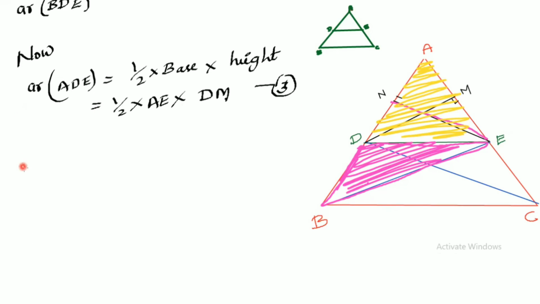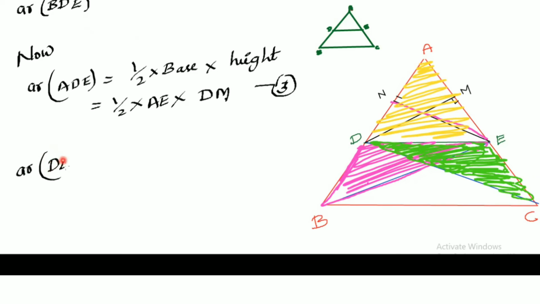So now the area of this triangle. Can you tell which triangle? This triangle. Let me write area of DEC is equal to half into base into height.